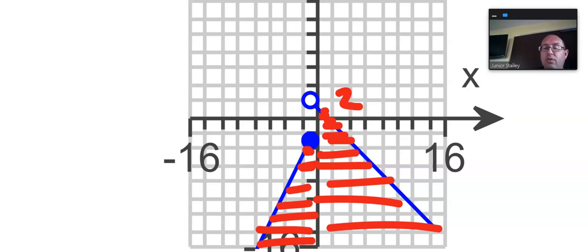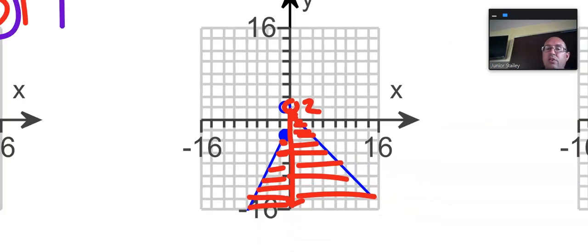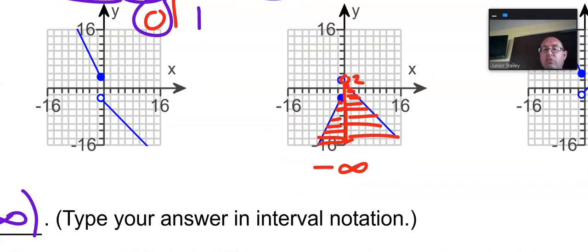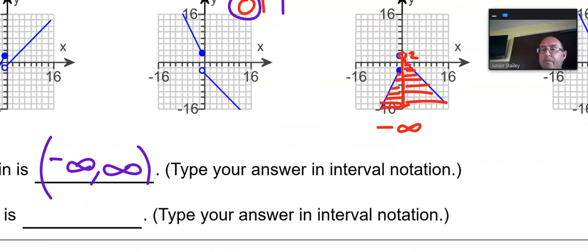So you could put an open circle right here and then say it's everything down below that. That makes sense. So my range here is going to start from 2 and go down to negative infinity. But we want to say it with the smallest value first. So we should really say negative infinity to 2.